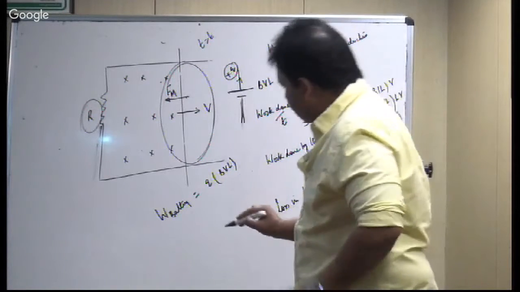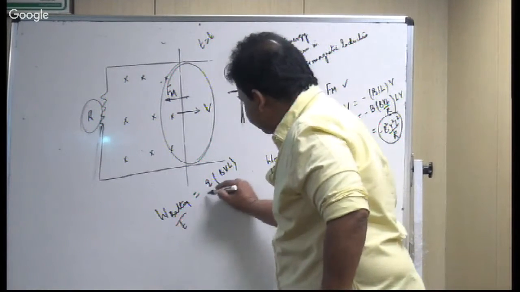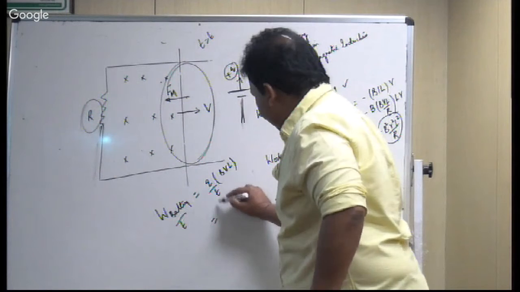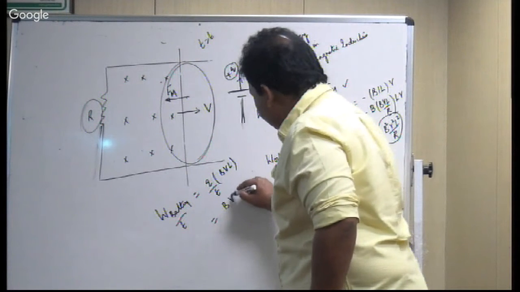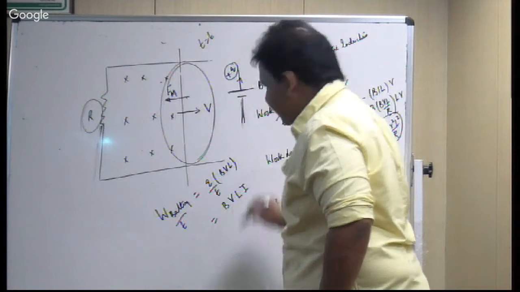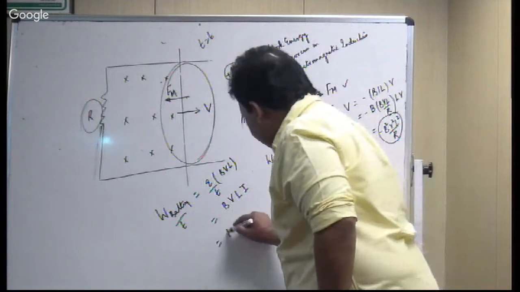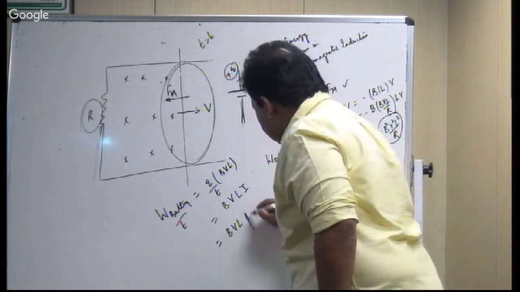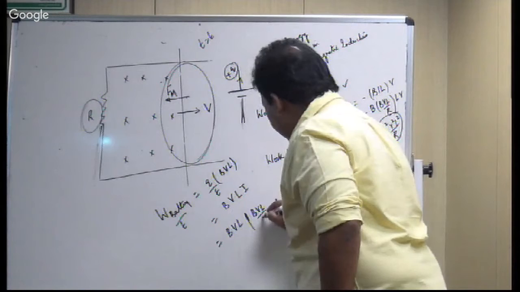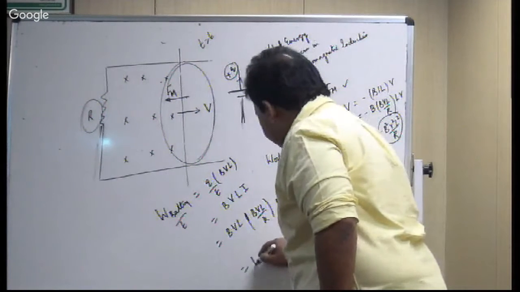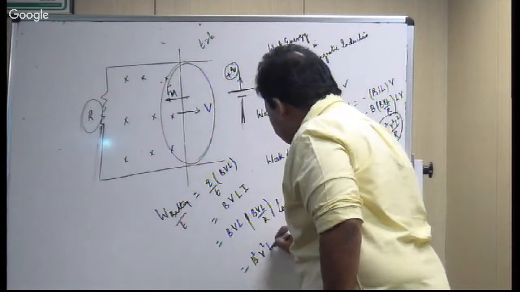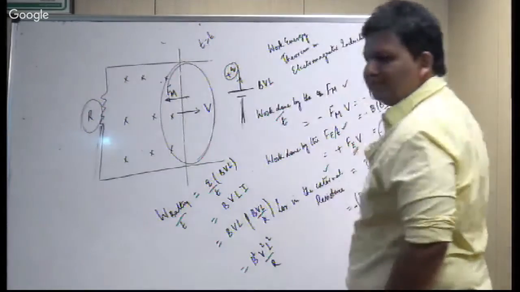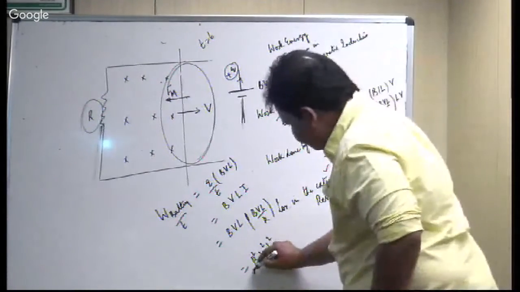And if I take it per unit time, this becomes BVL I, that is BVL upon R, B square V square L square by R. This will be positive.